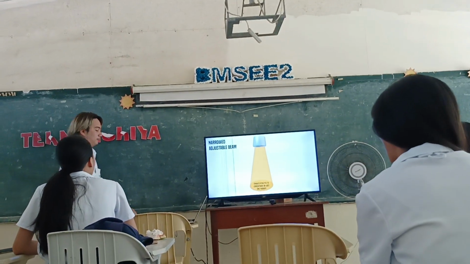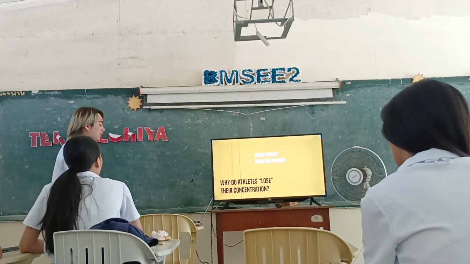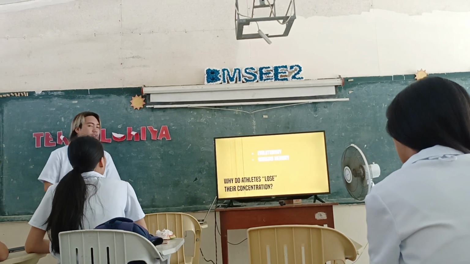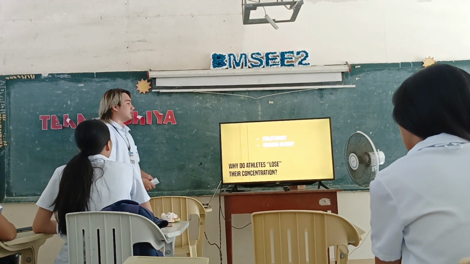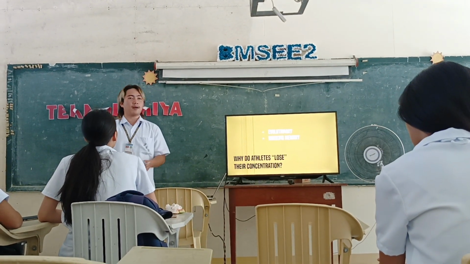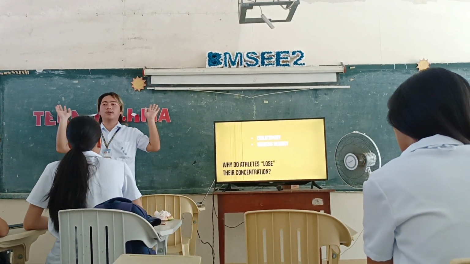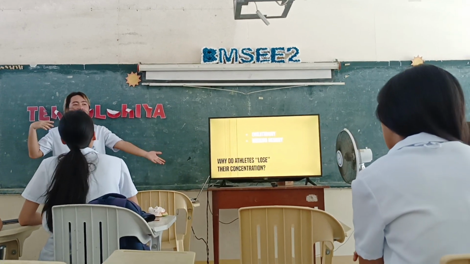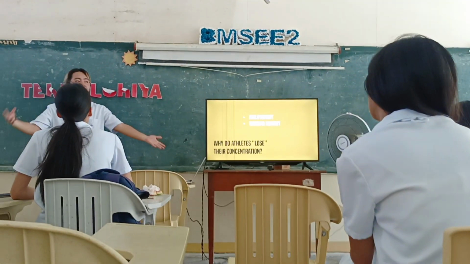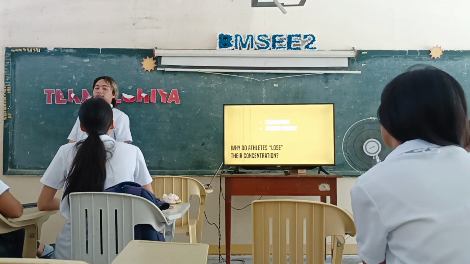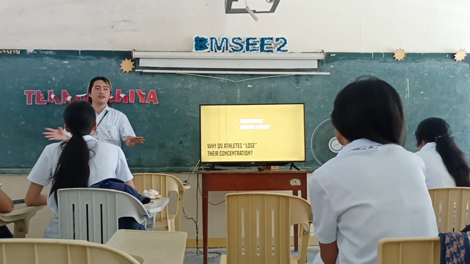Last slide. Why do athletes lose their concentration? We have here two considerations: the evolutionary and working memory. Evolutionary: in ancient times, life was very simple. No internet, no gadgets, no technology.